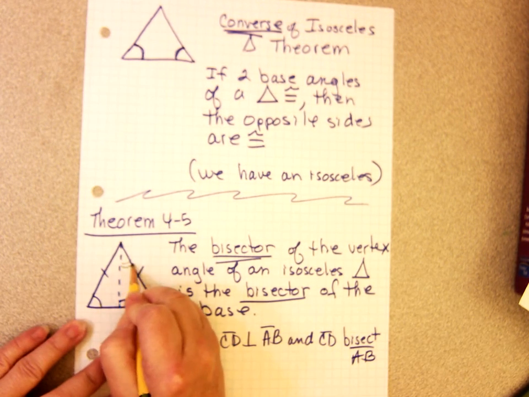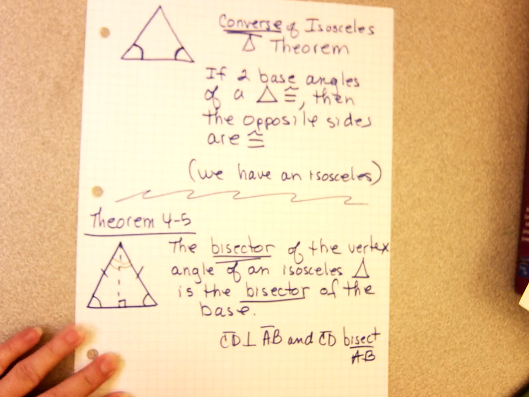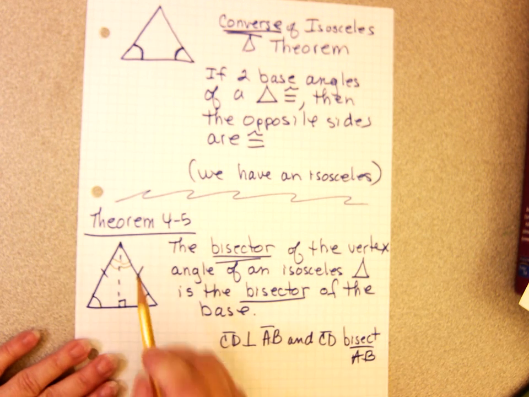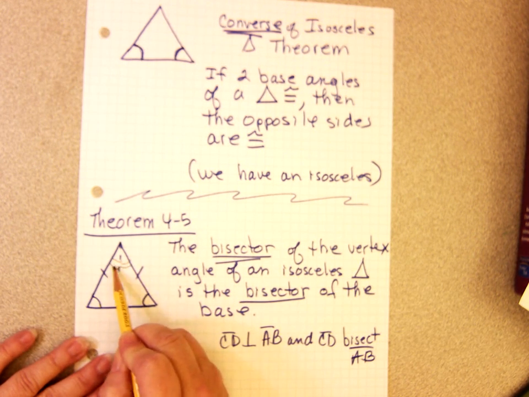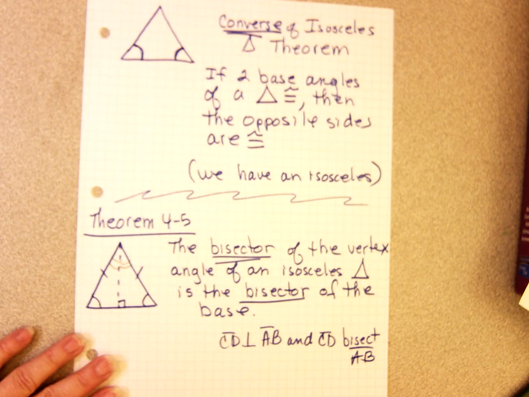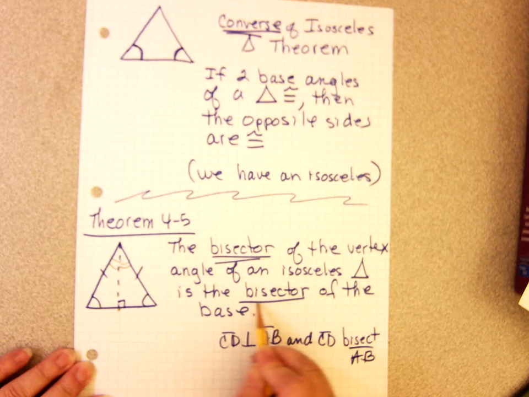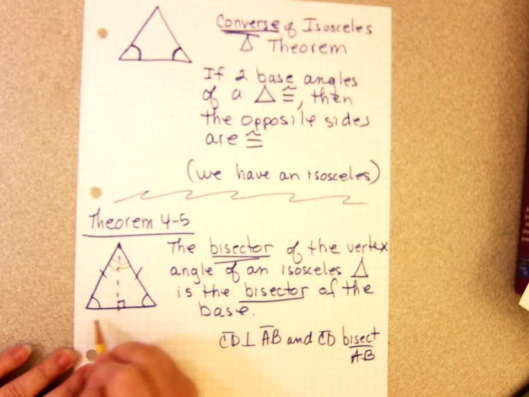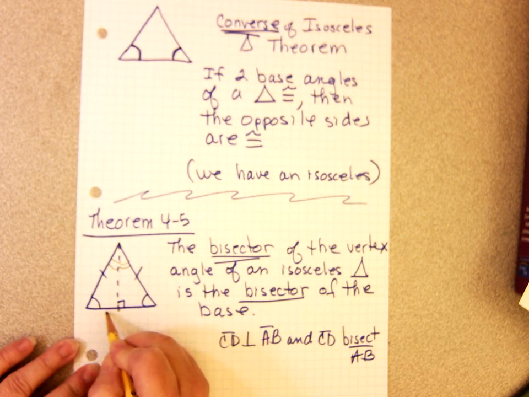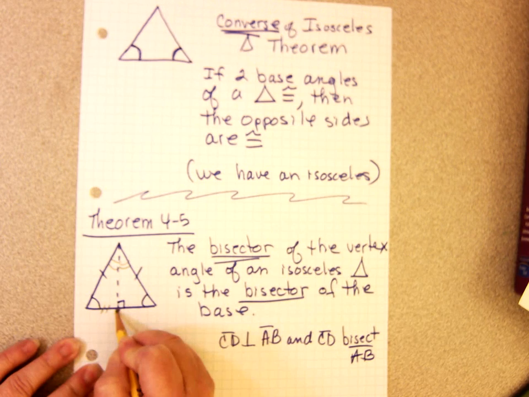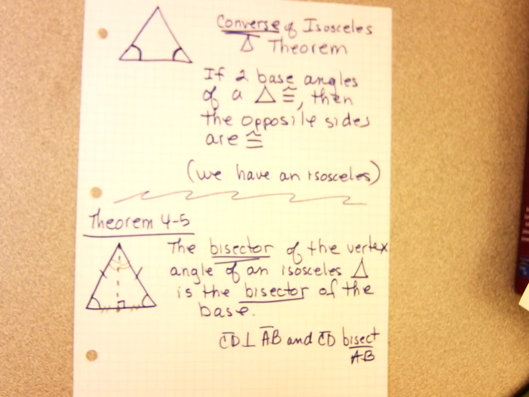So here I can draw two arcs, so I know this is congruent to this. And the other thing is, what did it do down here? It bisected the base. So that means that this is now congruent to this.